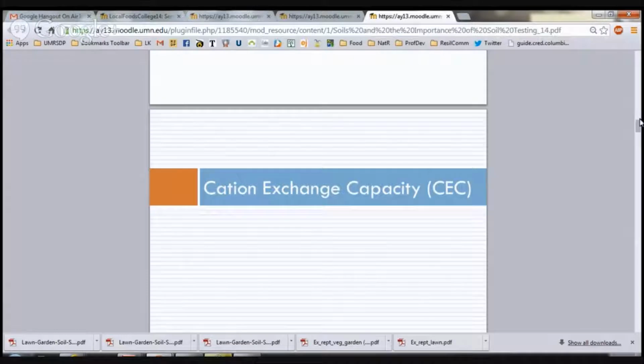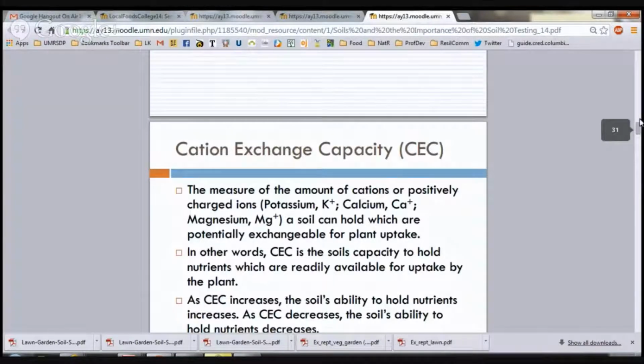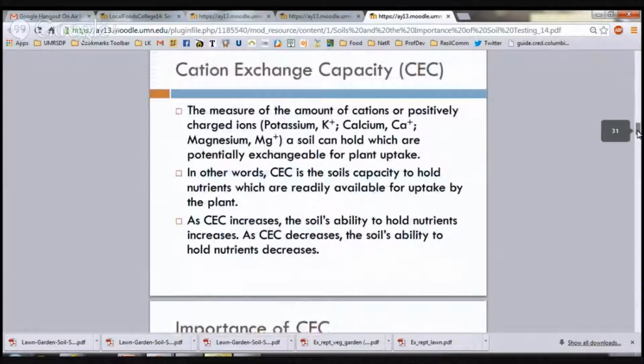So, for example, the basics would be potassium, magnesium, calcium, and sodium. And so once you have those concentrations, plus your acidic ones, hydrogen and aluminum, you'd be able to add those up and determine your CEC.